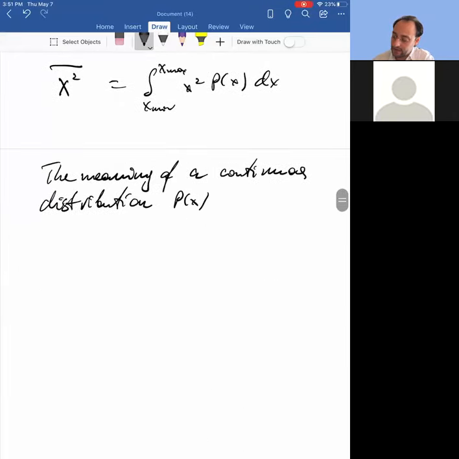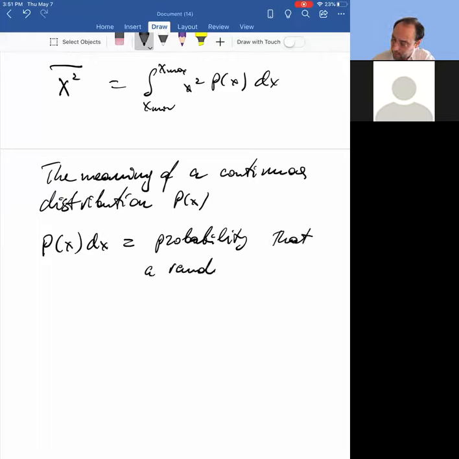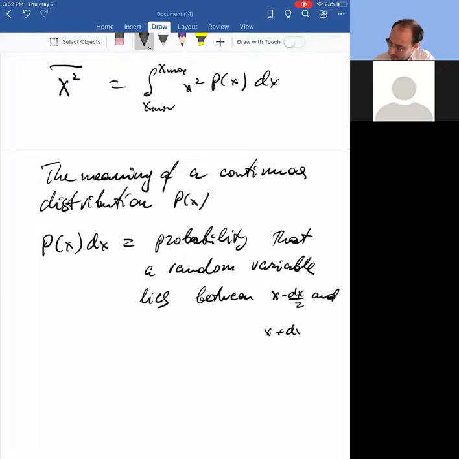Instead, what this means is the following. P of x dx equals the probability that a random variable lies between, well, this sort of depends on the definition, but let's say, to make it symmetric, between x minus dx over 2 and x plus dx over 2, right?